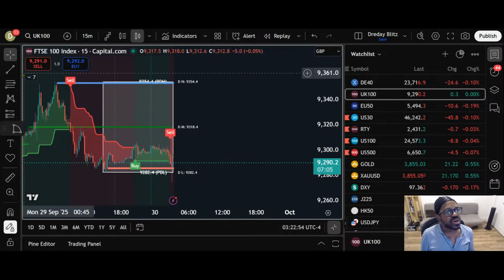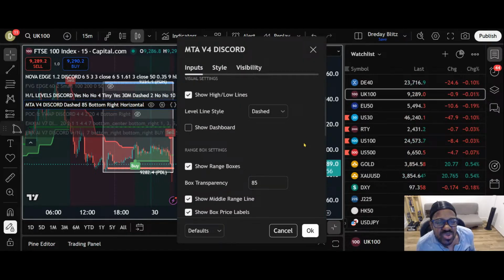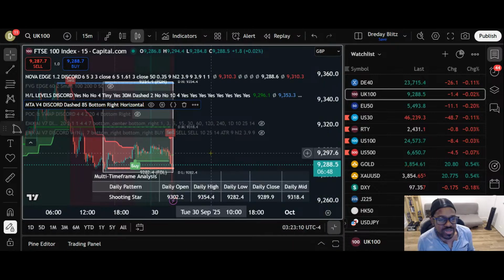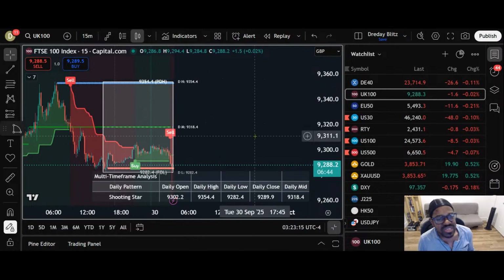For example, if you go into the settings of this indicator, you have a dashboard. Let me press OK and minimize this.